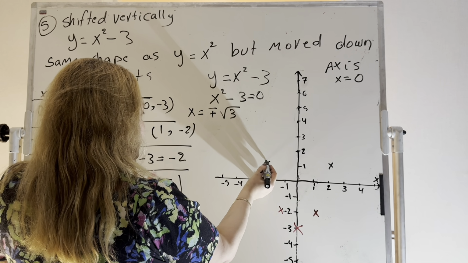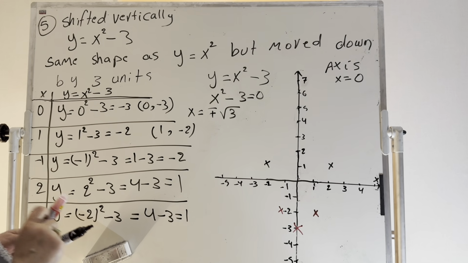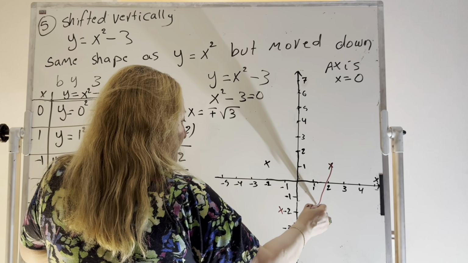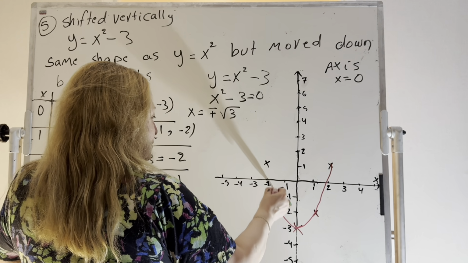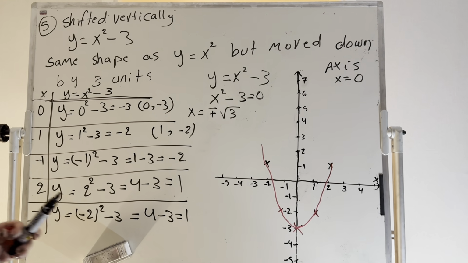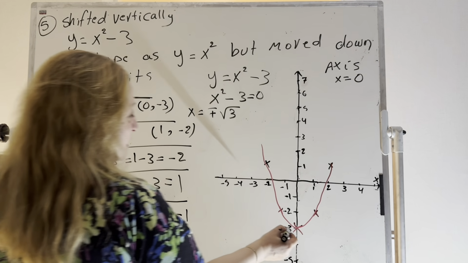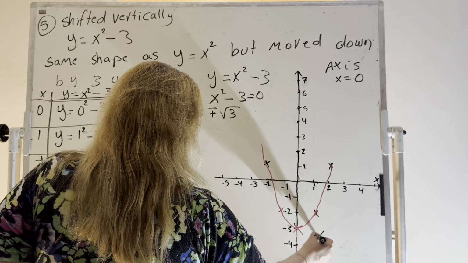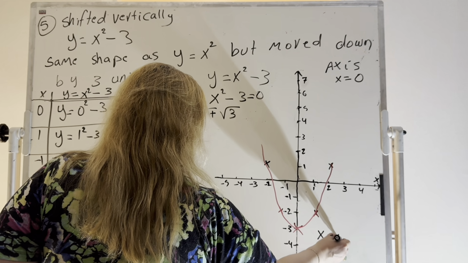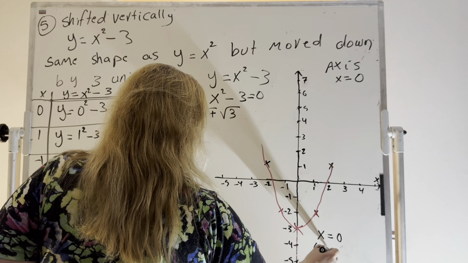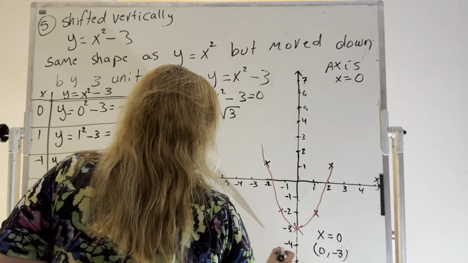So it will slide like this. And now I will draw the curve, and it looks like this, with a minimum point at x equals 0, and the vertex equals 0, minus 3.